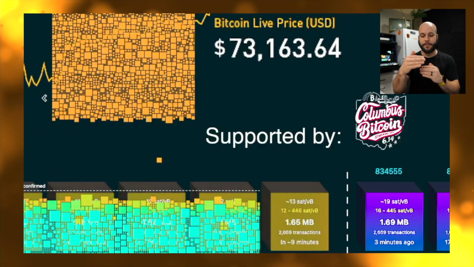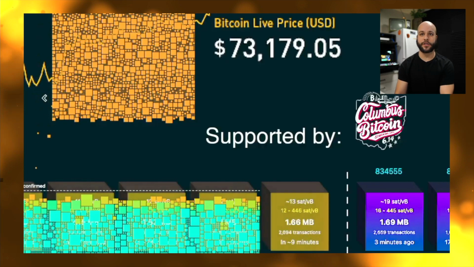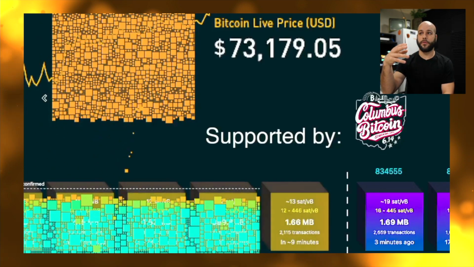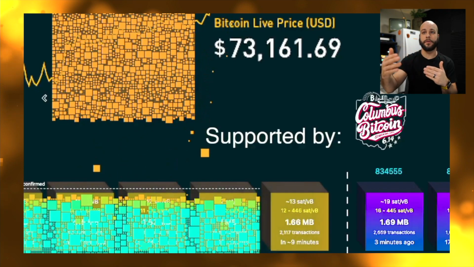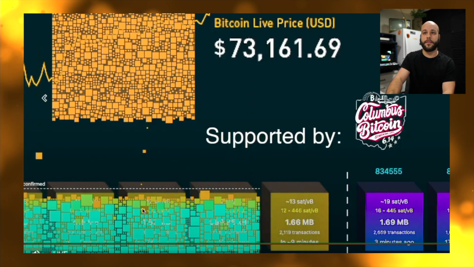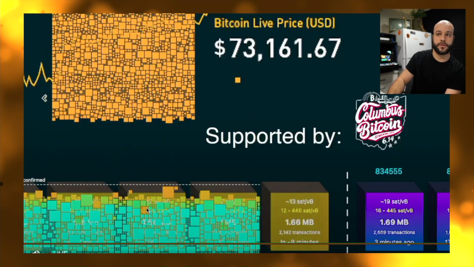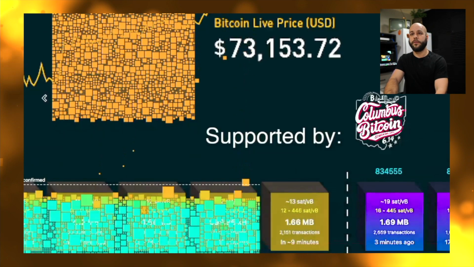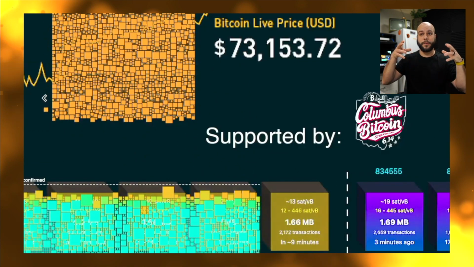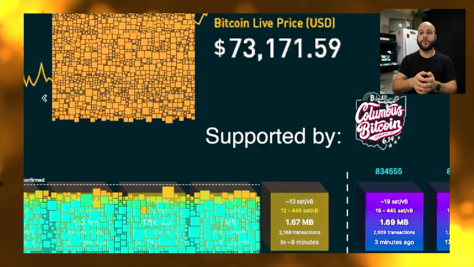So as the memory pool for those transactions starts to fill up, the fees associated with those transactions might need to go up as well. There was one that just fell out right there. You can see that and how it's filling back up. Let's see if there's another one here soon that will fall out and then be put back in. Those are basically transactions that are being put back in at a greater fee, so that they can be included in that next block.